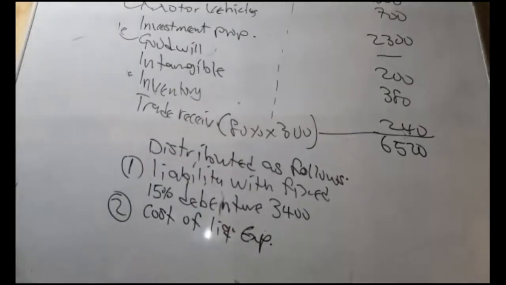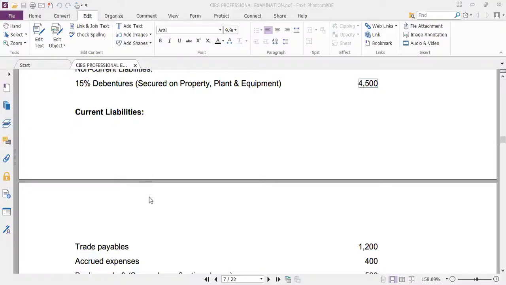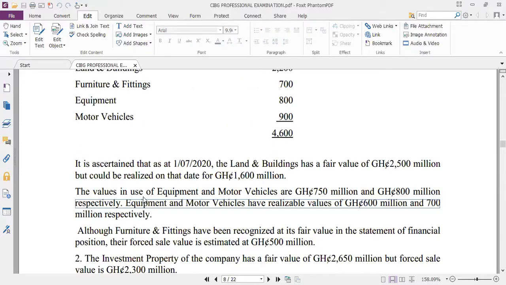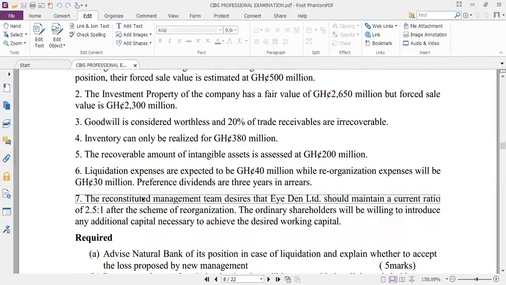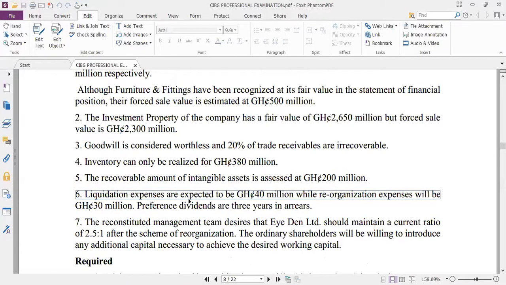Liquidation expenses. And that figure, let's go and pick it up. It's in the footnote. Check the footnote. If there are no liquidation expenses, you ignore. So say liquidation expenses are expected to be 40 million.